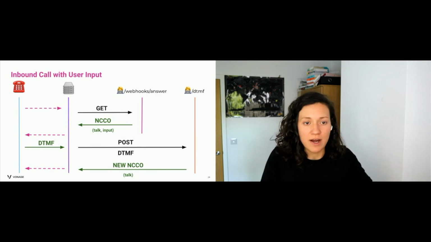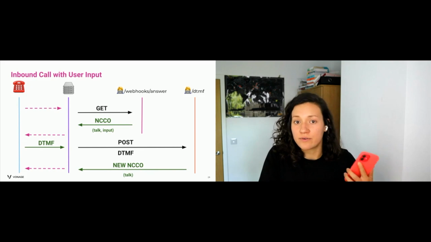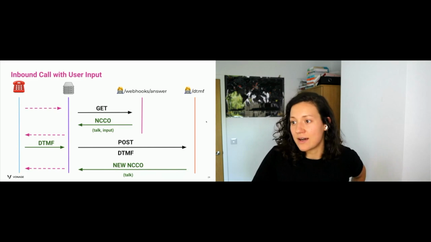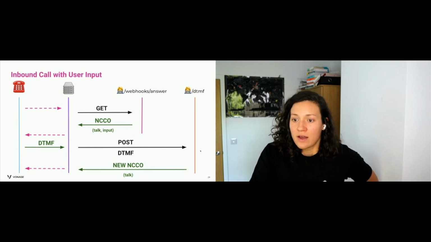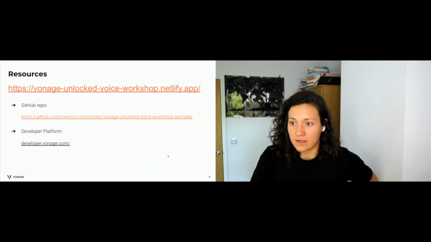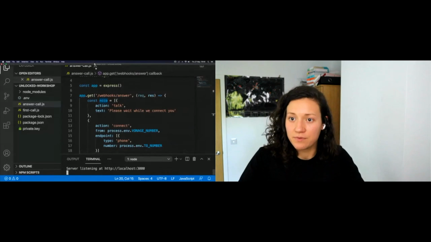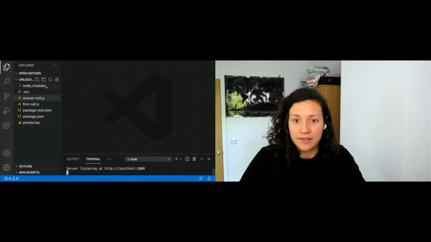I press 3, and I will hear from the phone, you pressed 3. Now, this is a simple example, but you get the idea, and you can build on it like a whole interactive voice response system.